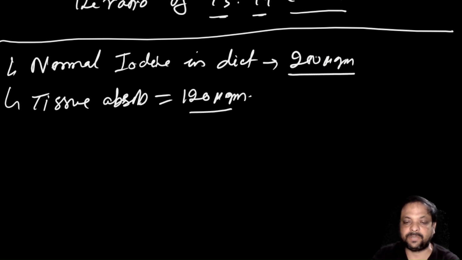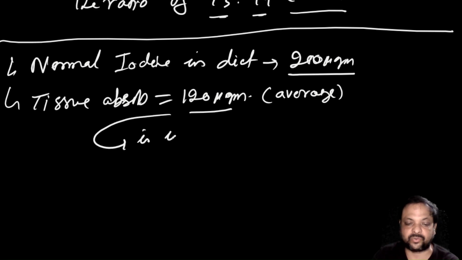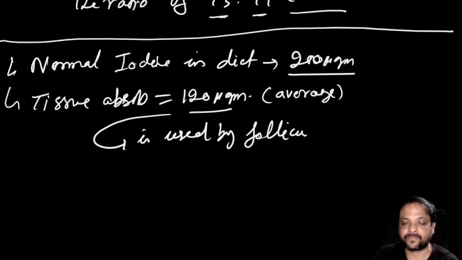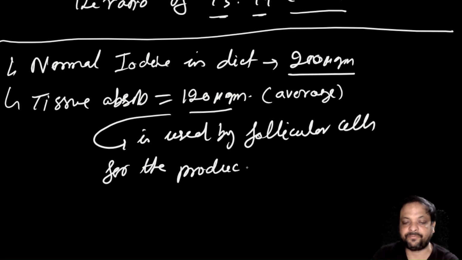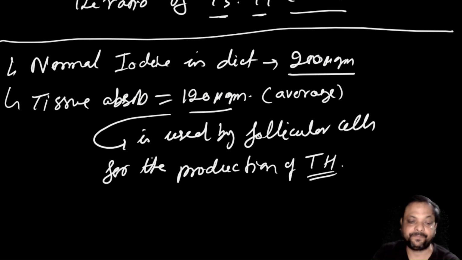Got it? So 200 milligram is what a normal diet should provide, and 120 is the average. And this 120 is used by follicular cells for the production of thyroid hormone. Got it? Clear?